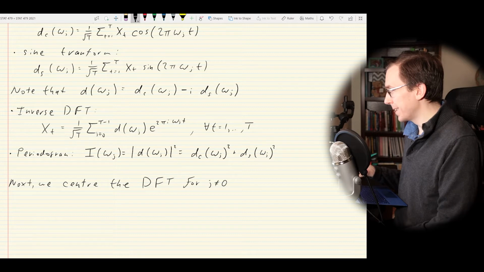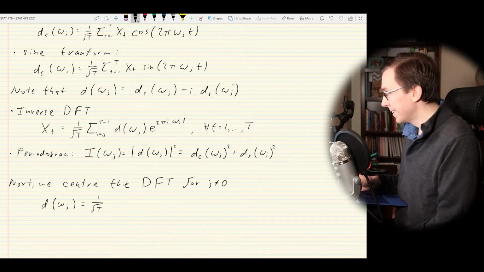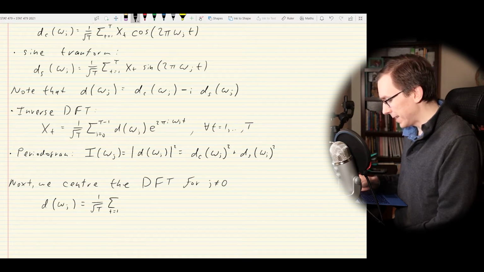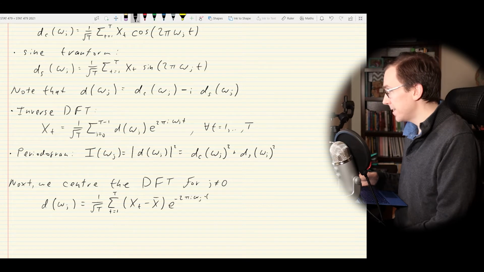And what we end up with is that we get d omega j equals 1 over the square root of T times the sum, t from 1 to capital T, of x_t minus x bar, times e to the minus 2 pi i omega sub j t.